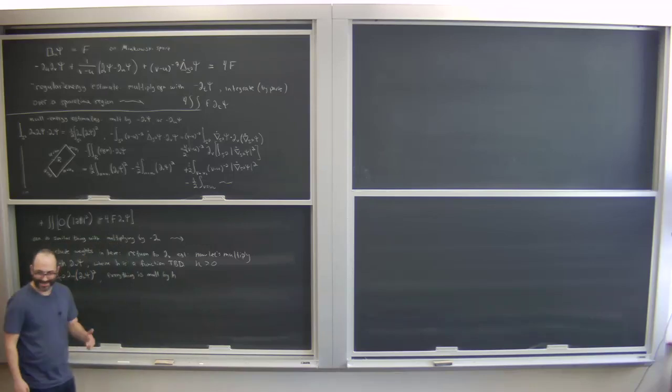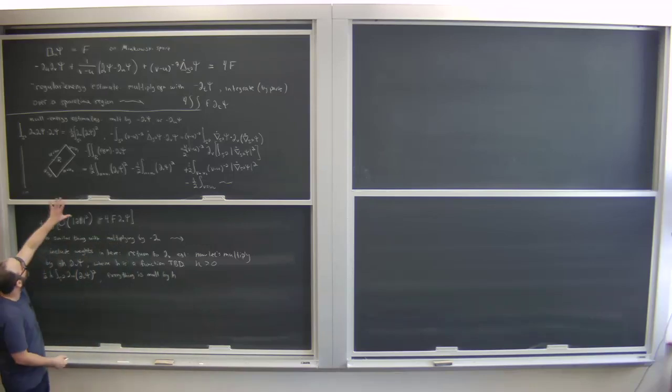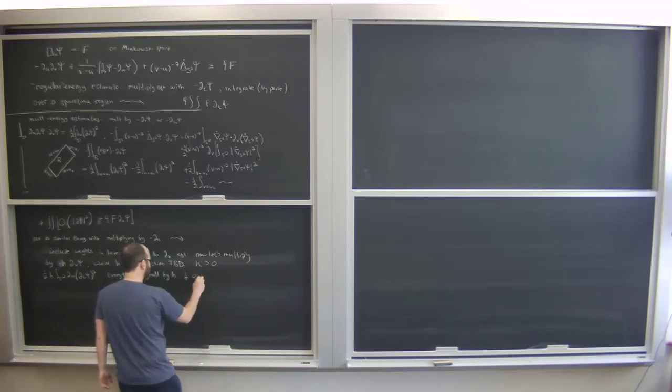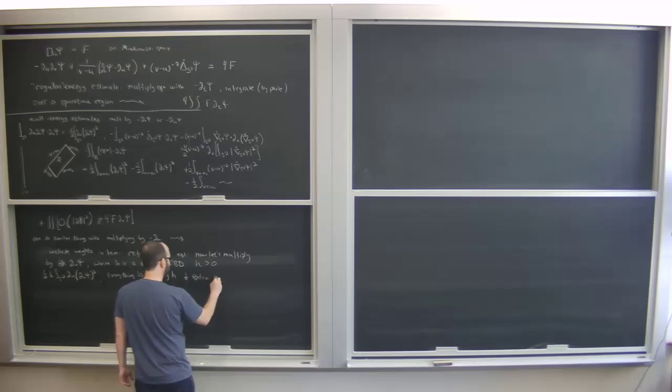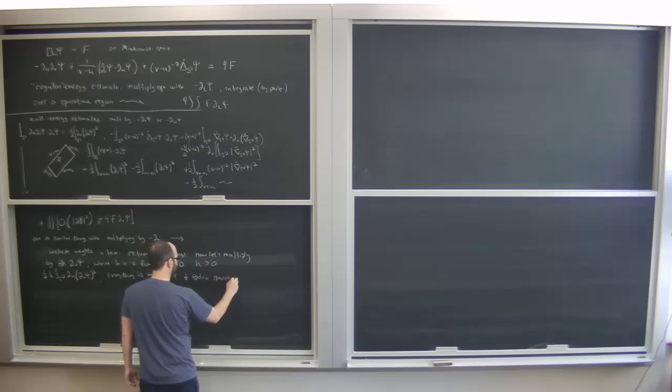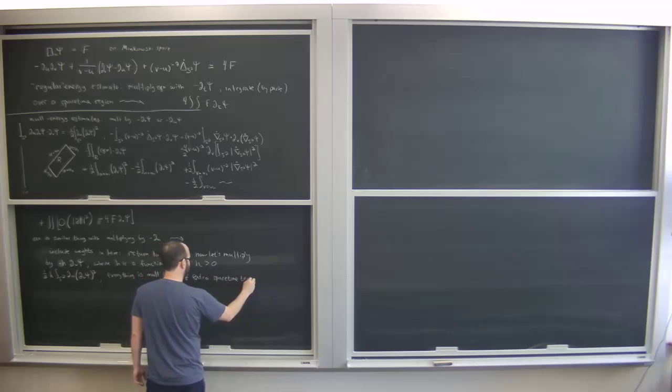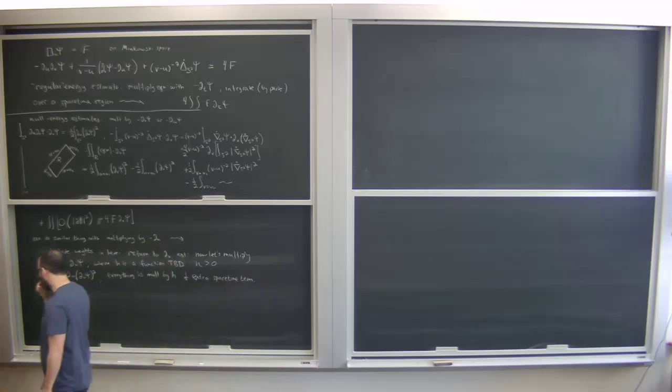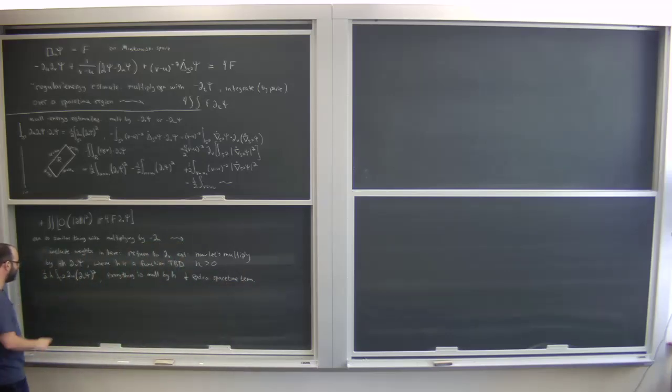But that's not such an interesting change. The key is what's the extra. There's going to be an extra space-time term you get, because when you integrate by parts, now the derivative could hit this, right? And so you're going to see one extra space-time term, which will be the following.